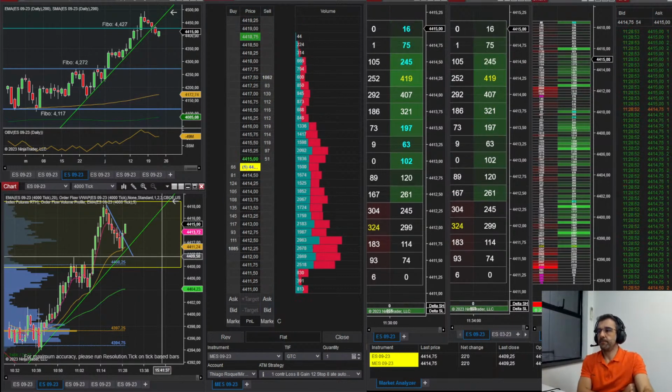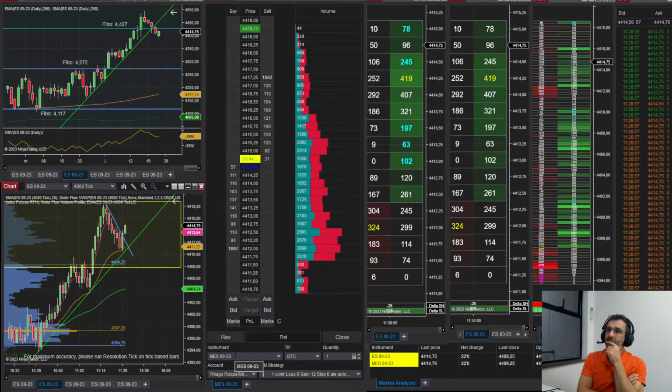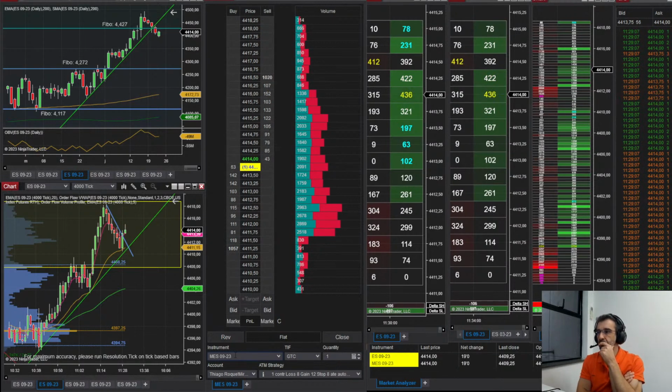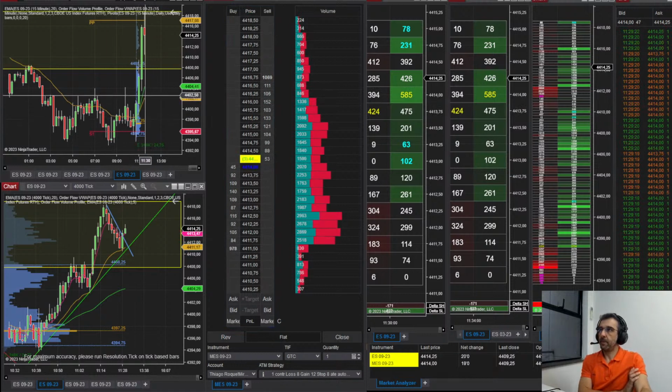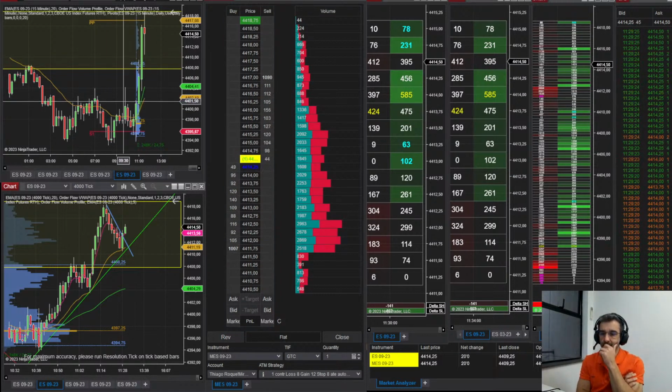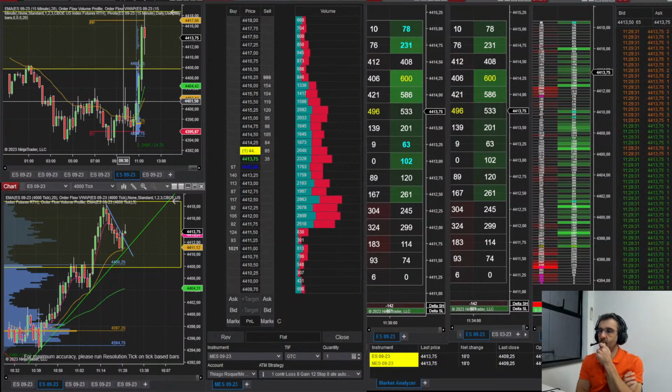We see that the moving average has worked again. Look at this 15-minute candle. Big shadows. Let's wait and see what's going to happen.